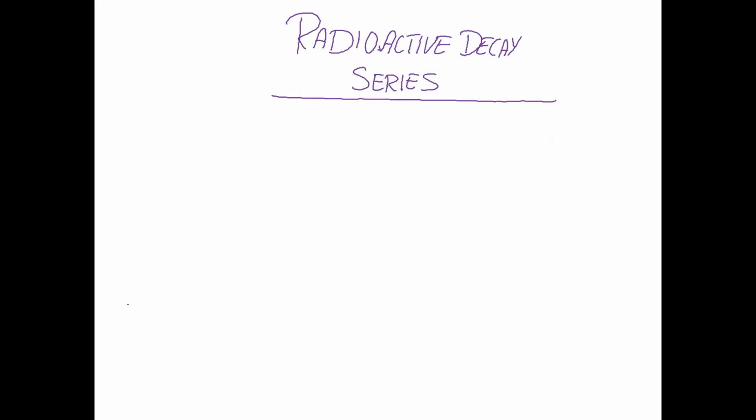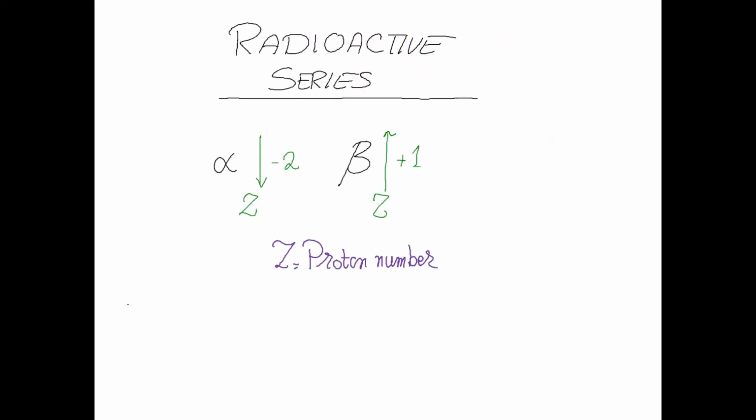Radioactive decay series. It's a formal concept that sometimes the decay process continues, and after one decay, the product is also radioactive and it further decays. Remember, when alpha decay occurs, atomic number decreases by 2. When beta decay occurs, atomic number increases by 1.